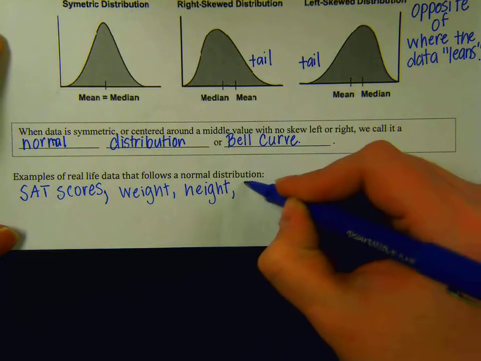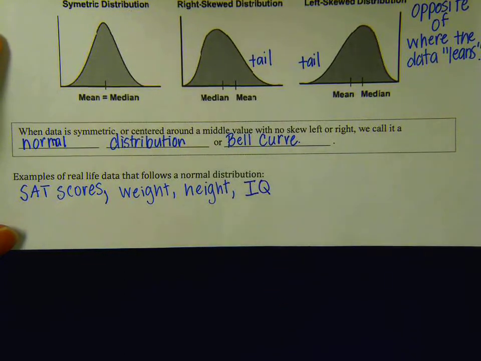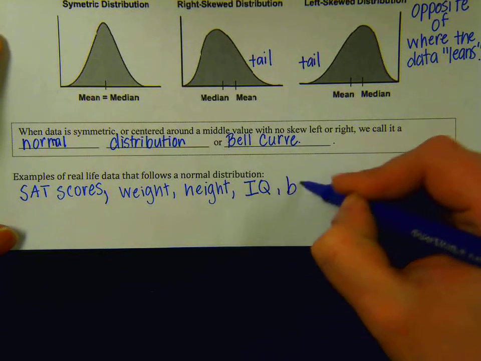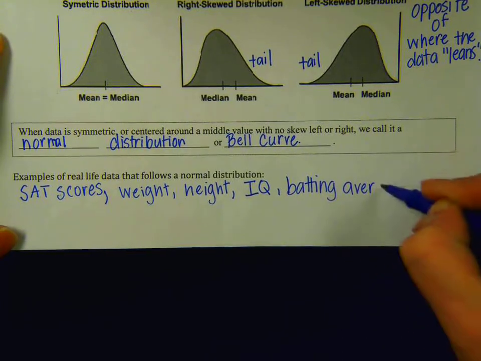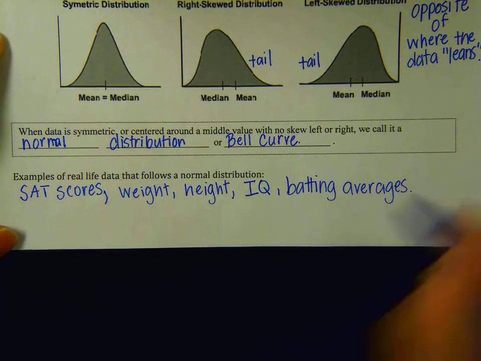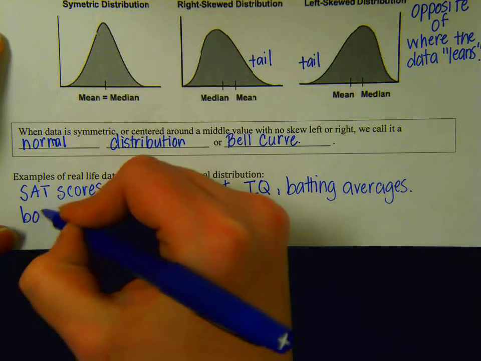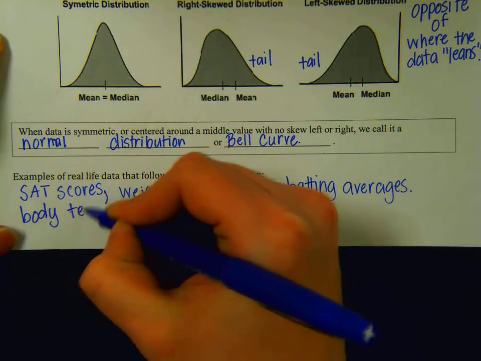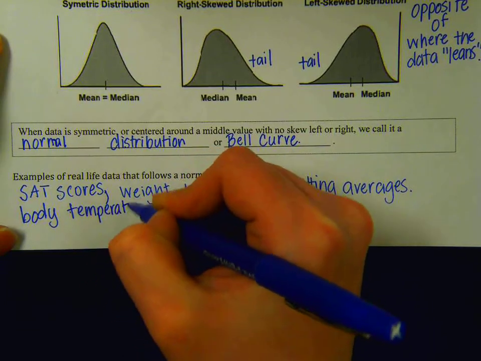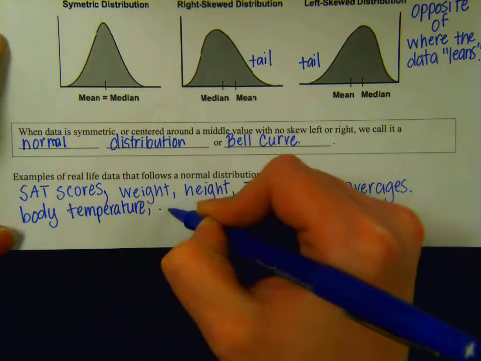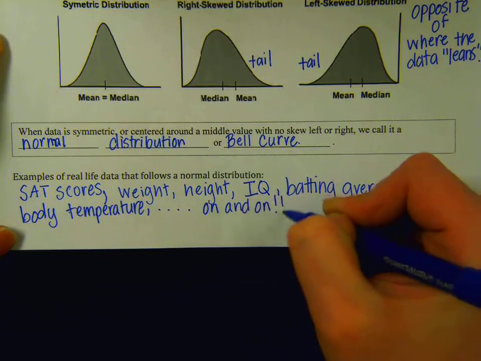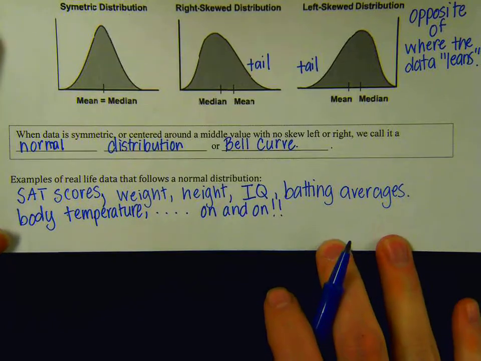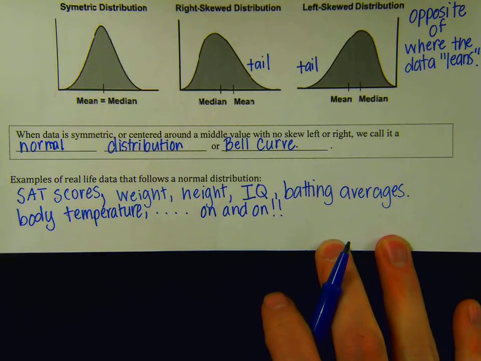There's also your IQ and batting averages. Body temperature. But honestly, the list goes on and on. There's so many different examples of normal distribution, or a bell curve.